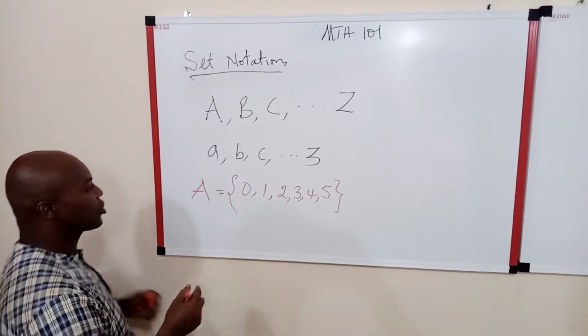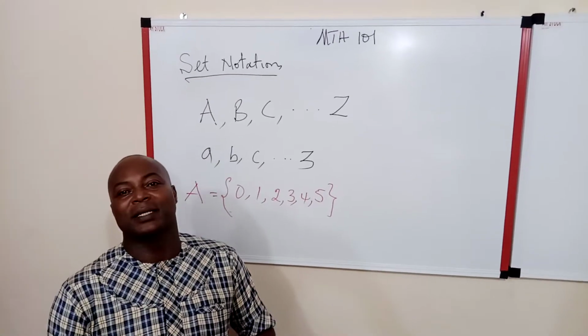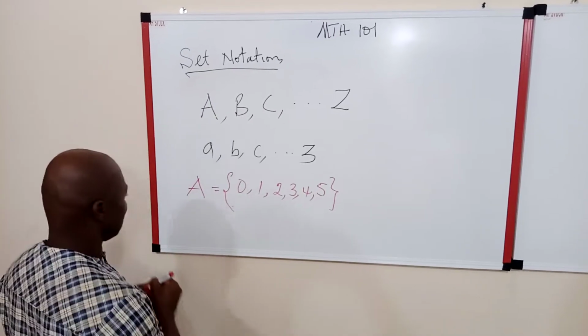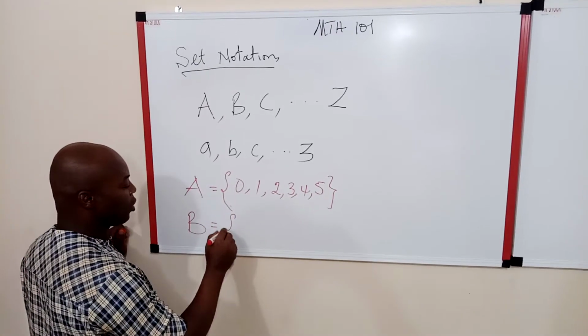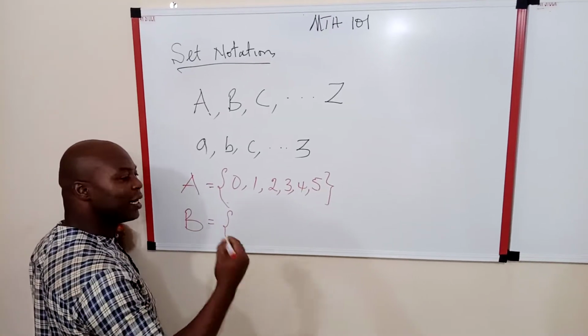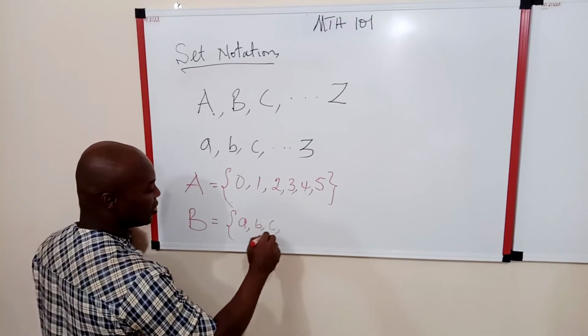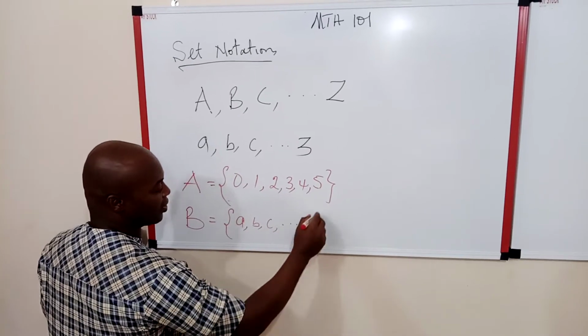In like manner, let's consider a set B where its elements are all the English alphabets. Then B will be equal to all the English alphabets, so we say a, b, c, dot dot to z.